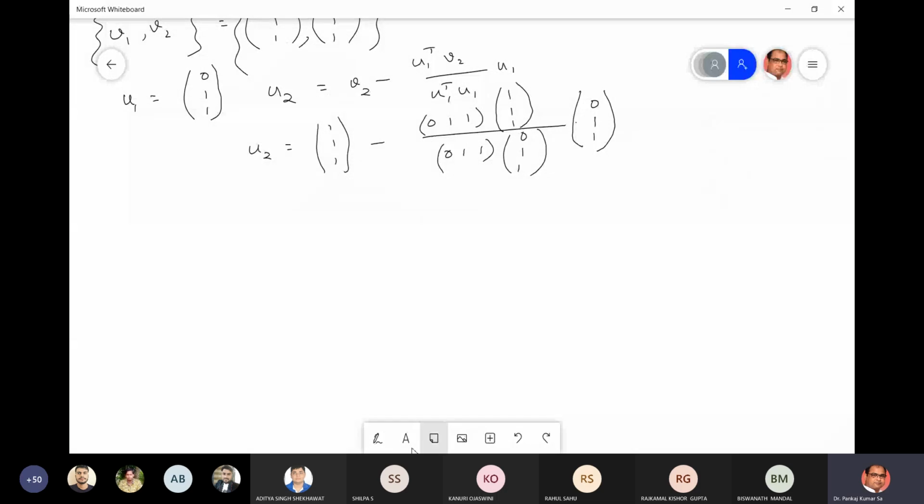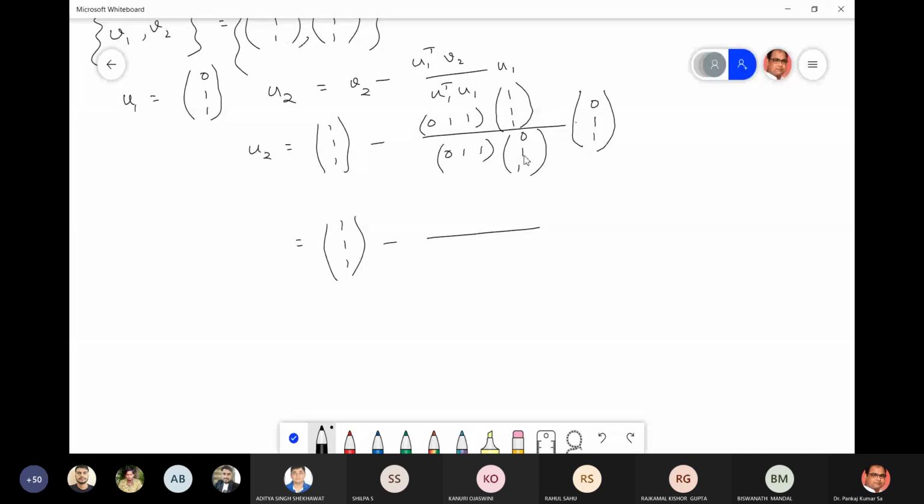1, 1, 1 minus 0, 1, 1 times... row times column. That is nothing but a single value, a scalar quantity. So 0 times 1 is 0, 1 times 1 is 1, 1 times 1 is 1, so the numerator is 2. And the denominator is again 2.